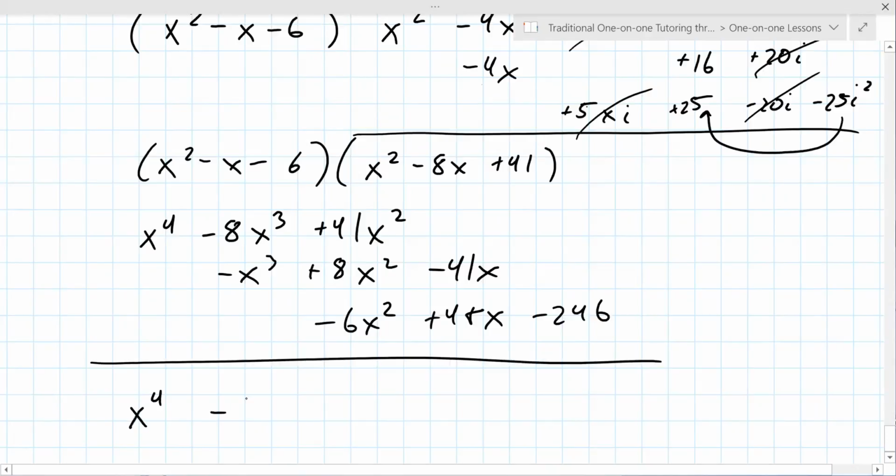So x to the 4th minus 9x cubed plus 43x squared. Is that an 8? Yeah, it's an 8. Plus 7x minus 246. I don't know how you're supposed to do all that in the space provided.